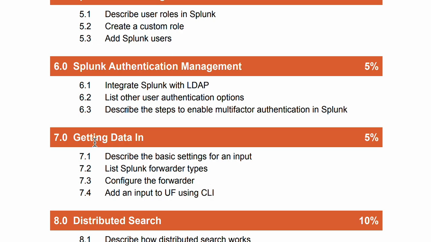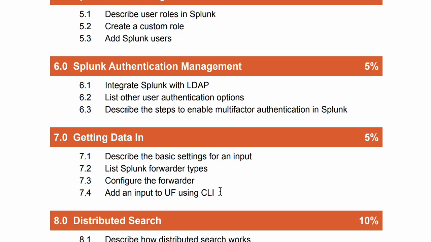The next topic is getting data in. This is very important in terms of learning Splunk. It covers describing the basic settings of an input, listing Splunk forwarder types, configuring the forwarders, and adding an input to a UF user. This is about the input level from where the data comes into the indexers.